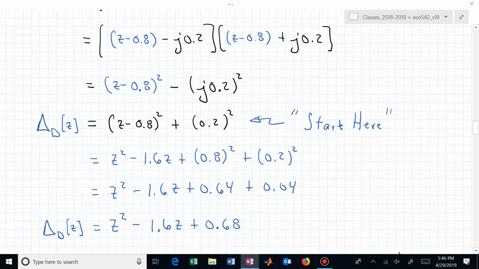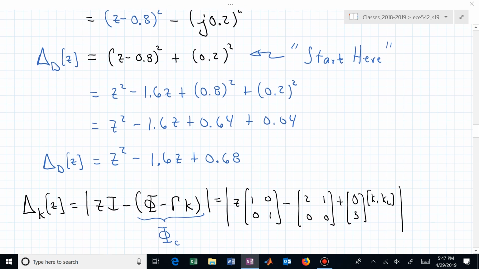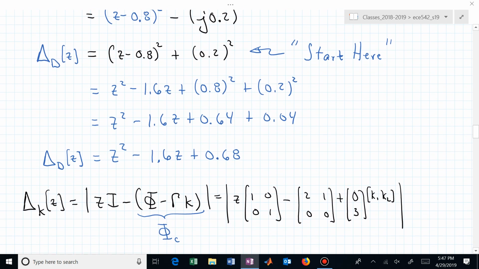And now simply multiplying that out, you find the desired polynomial, delta sub d of z, is z squared minus 1.6z plus 0.68. That's where we want our polynomial to be, or what we want it to equal, by the appropriate choice of the full state feedback gain matrix.